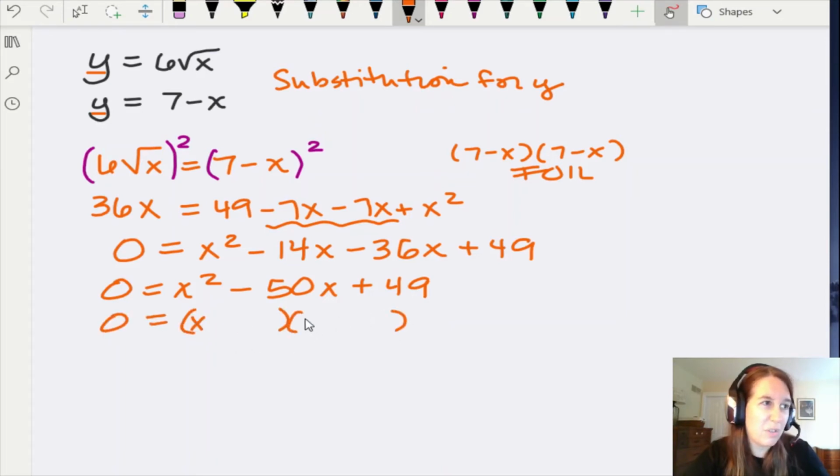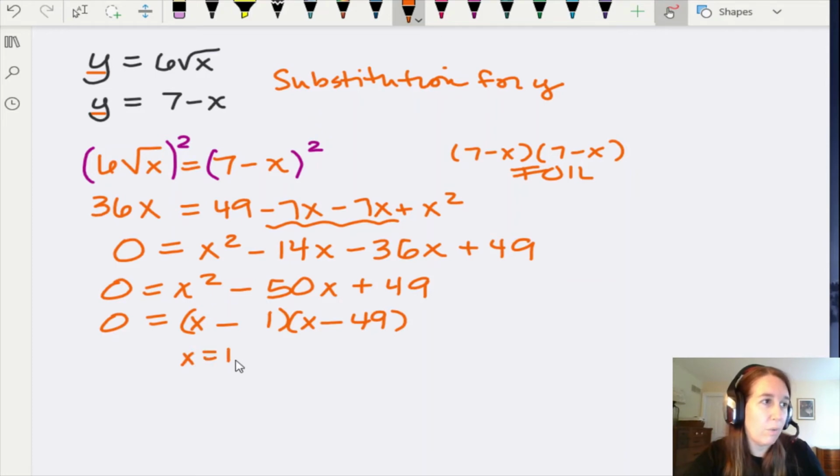All right, so now we're going to factor. I think this sounds factorable, a weird factoring, right? But I think I'm getting maybe 49 and 1. Unusual, usually it'd be a 7 and 7. So 49 and 1, because if both of those are negative, they'll multiply to be a positive, but they will add to be negative 50. All right, so I have two answers.